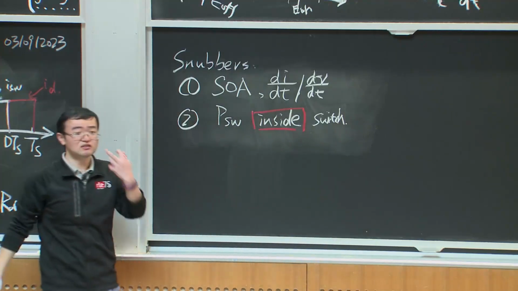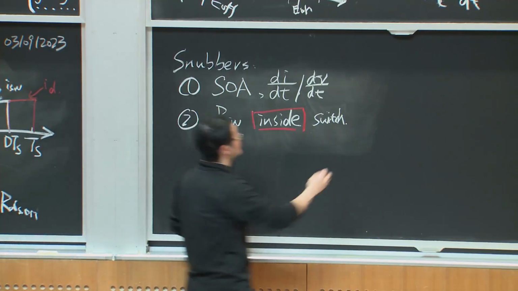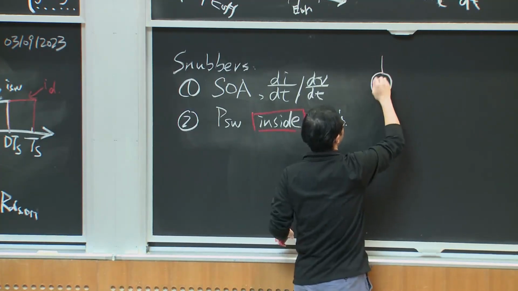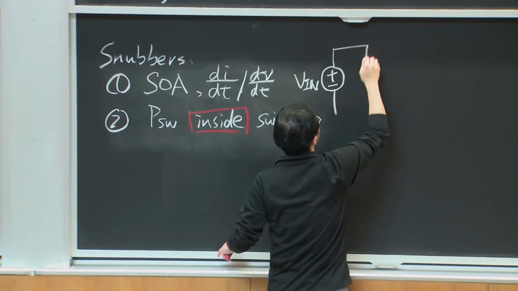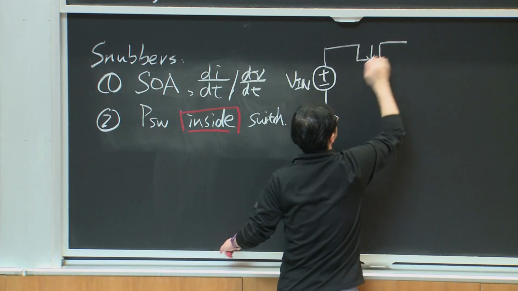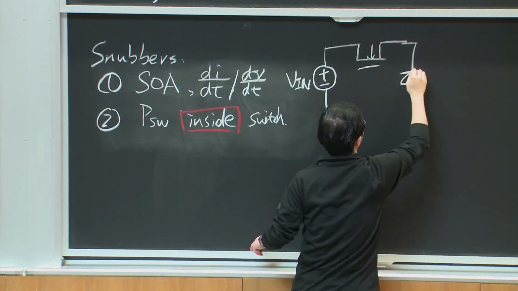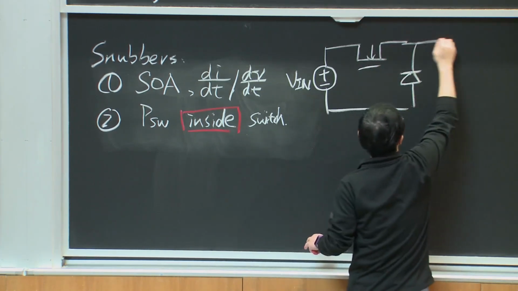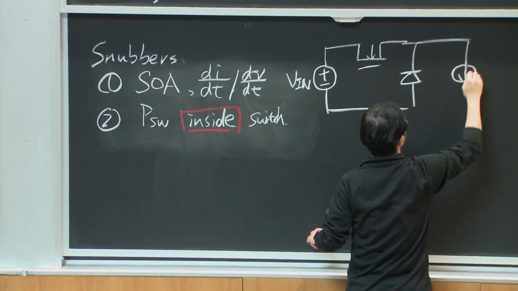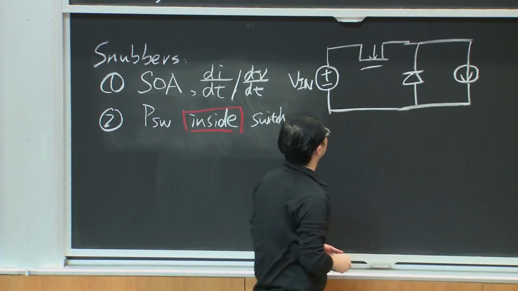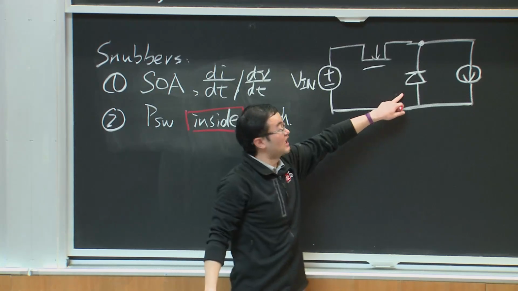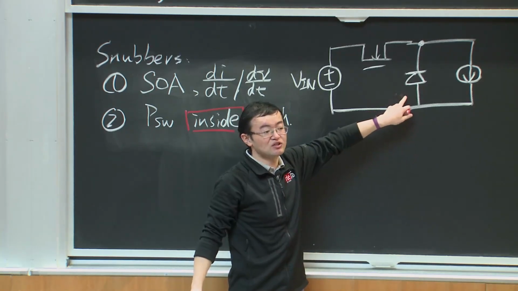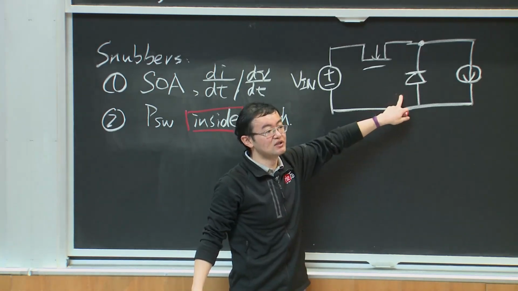And now let's think about the turn off snubber first. Still we use this buck converter as our example. We have the input voltage source, and we have a MOSFET, and we have a diode. And this will be our constant load current source. Previously at this terminal, we said the diode cannot turn on or carry current until its voltage becomes 0.